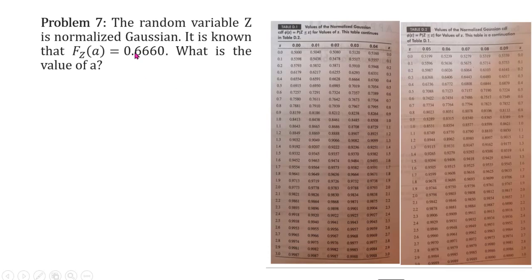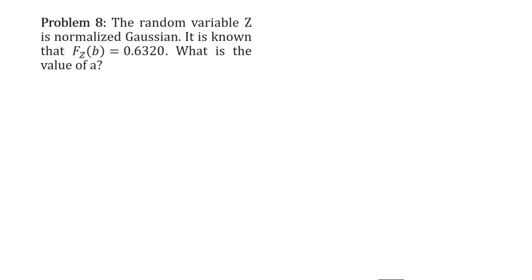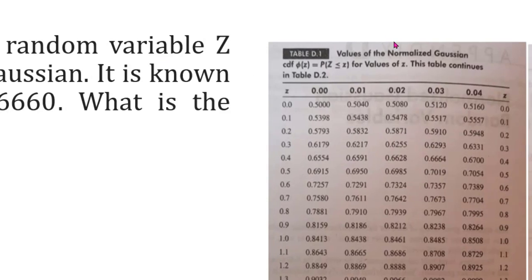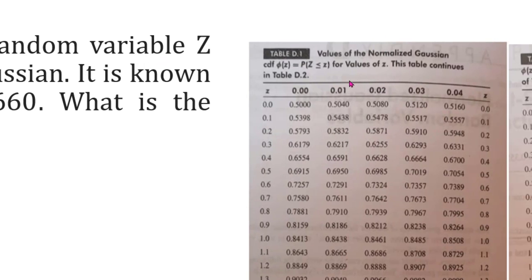Then search for 0.660 in this table and write down its corresponding value. Here it is reverse engineering, right? Let me zoom in; it is somewhere here.